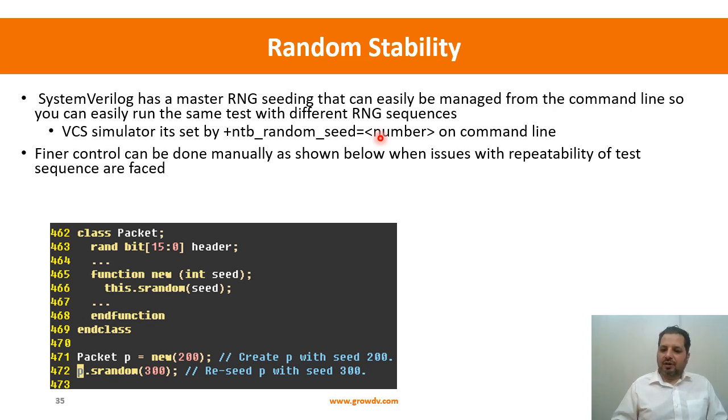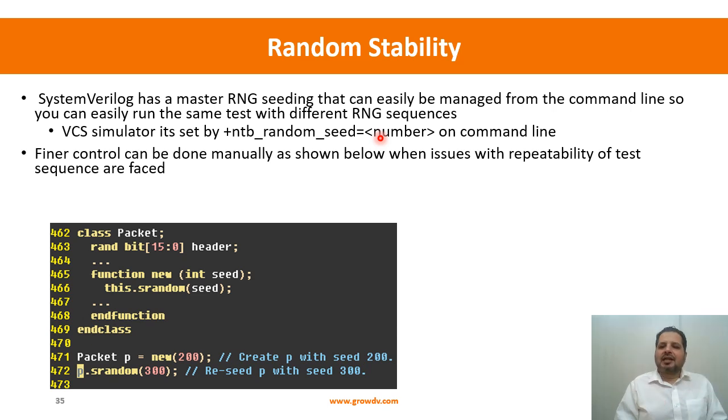When one particular seed fails, I will take that command line with that specific seed value and rerun it with waveforms or a higher level of verbosity to get more information about the failing test and continue the debugging. So that's the general way in which we run the constraint random regressions.